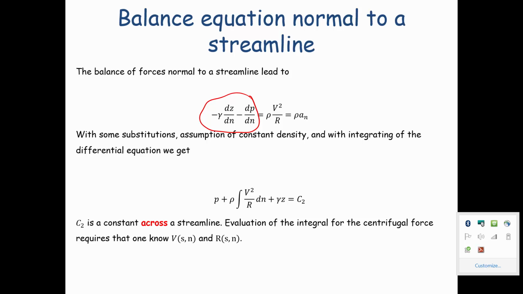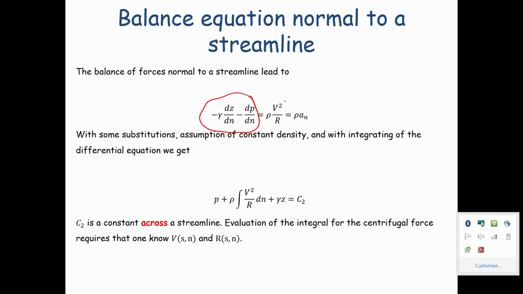If those are not balanced, then you have to have an acceleration of the fluid, and that acceleration in this case, you might think of it as being centrifugal force that's acting on the packet as it's moving along the streamline in a curved fashion.